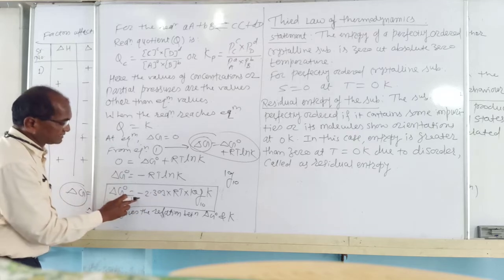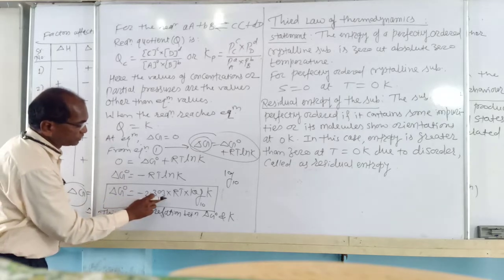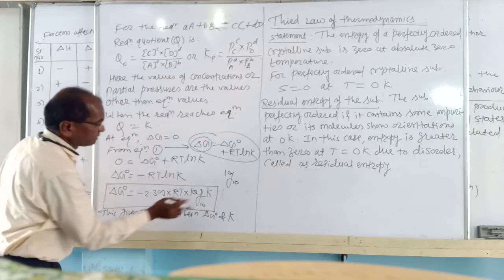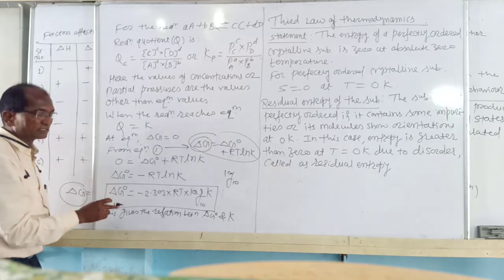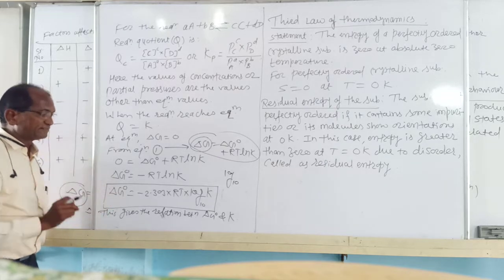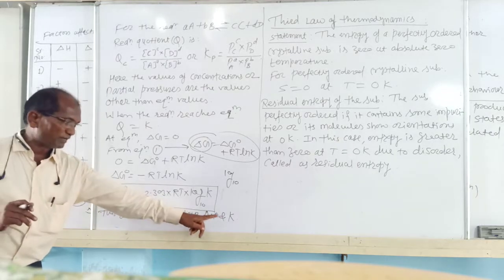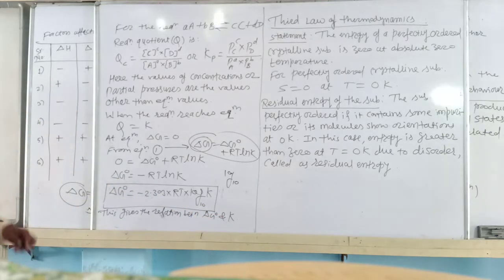Therefore, delta G0 is equal to minus 2.303 RT log K to the base 10, where K is the equilibrium constant and delta G0 is the standard free energy change. This is the relation between standard free energy change and equilibrium constant K.